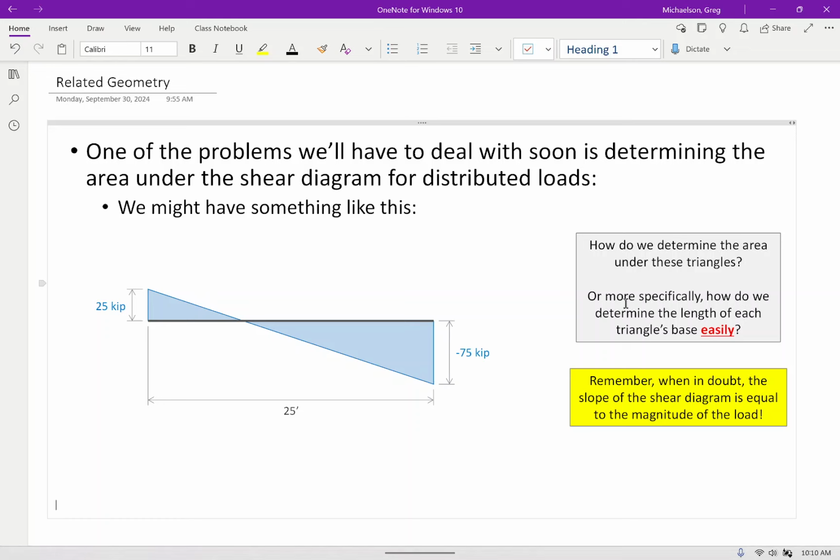For both of these triangles, I know what the height is, right? This is 25, this is 75, or negative 75. But I don't know what the base is, right? So maybe the start would be to figure out what these bases are, okay? And I guess my question is, is there an easy way of doing that? I propose to you, yes, there is an easy way of doing that, okay?